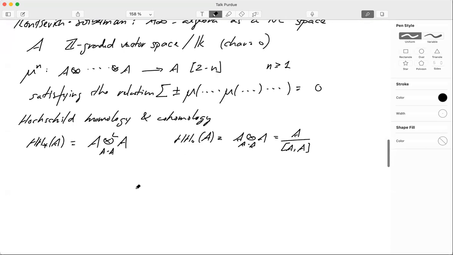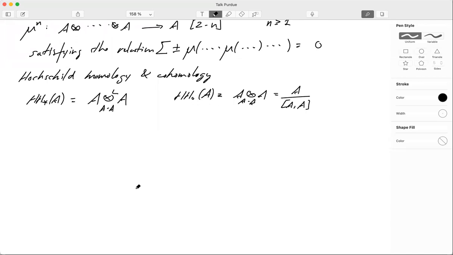And the way I'm going to calculate this, let's just say for an associative algebra, this would be simpler, is calculate the Hochschild homology of A by some explicit complex.